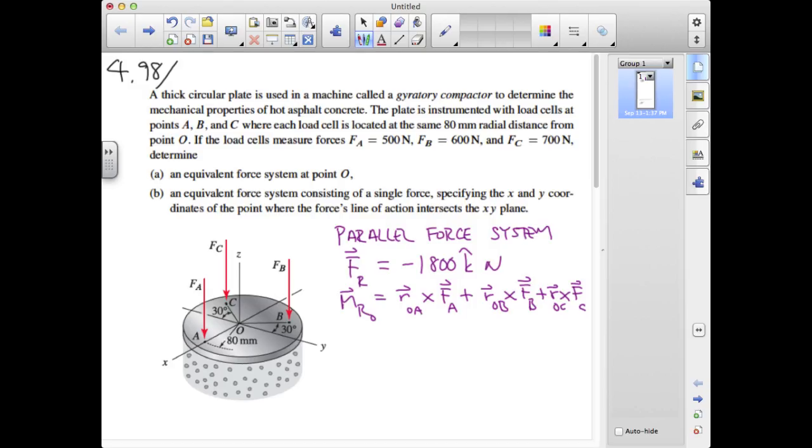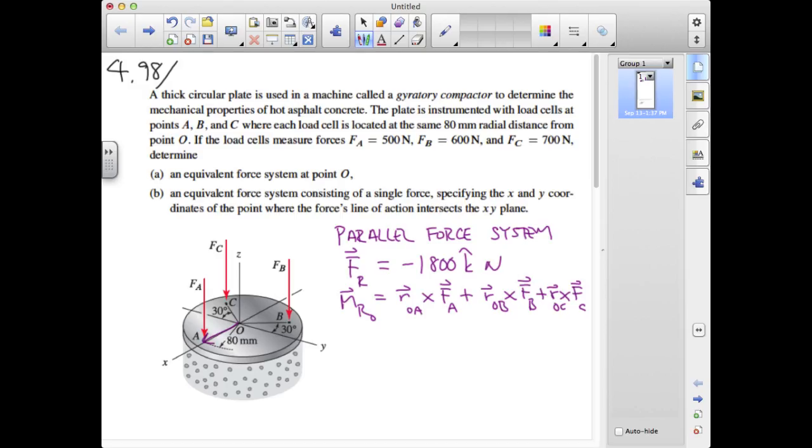For the first contribution, r_OA cross F_A, we have a position vector that goes in the i direction, and we're crossing that into a force in the minus k direction. i cross minus k is going to give us j.